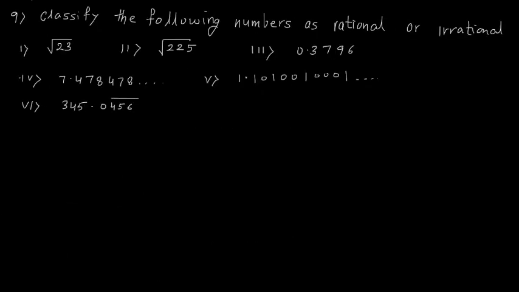Okay. Now classify the following number as a rational or irrational number. Okay, so here on one side I will write a rational number, and here I will write irrational number.